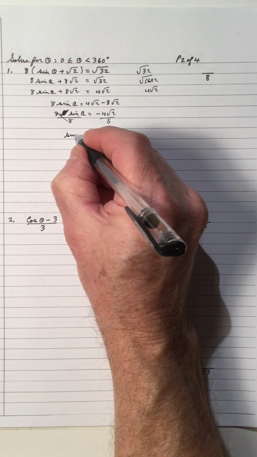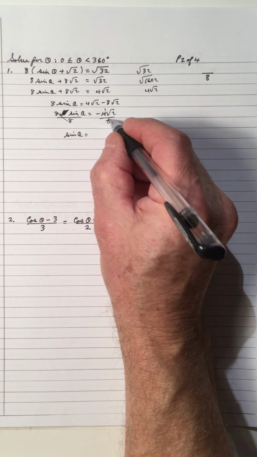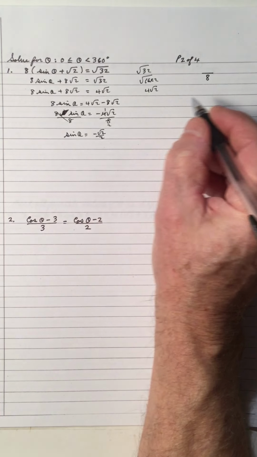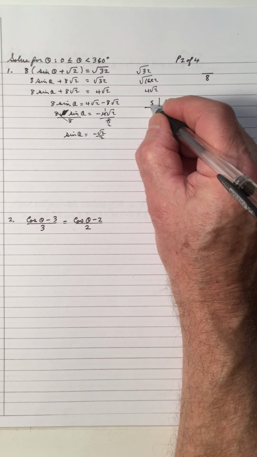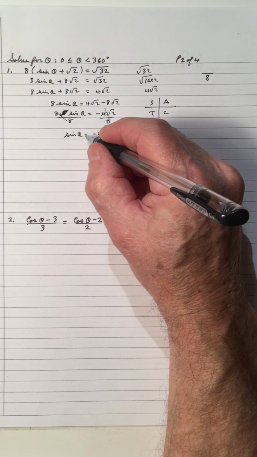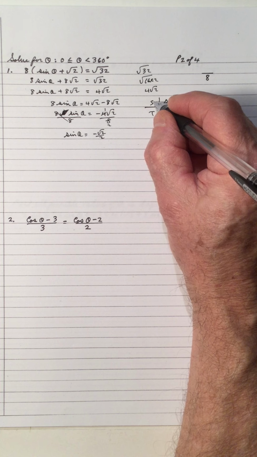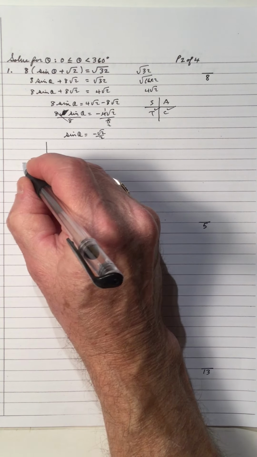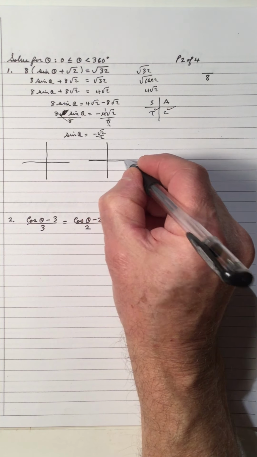So sine theta is, 4 into 4 goes once, 4 into 8 goes 2, so it's negative root 2 over 2. And we add the CAST rule. Sine is positive in 1 and 2, so it's negative in 3 and 4. So we'll draw it in quadrant 3 and quadrant 4.